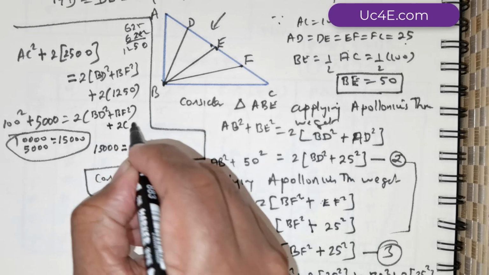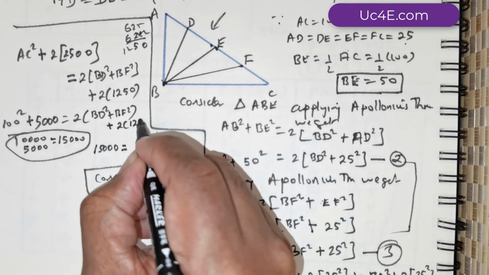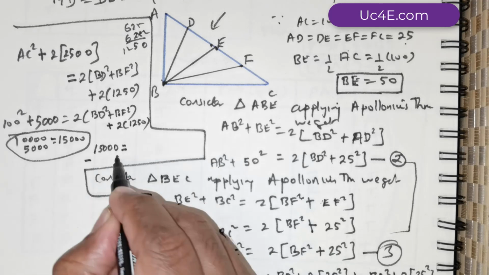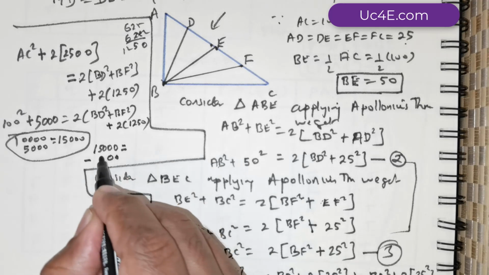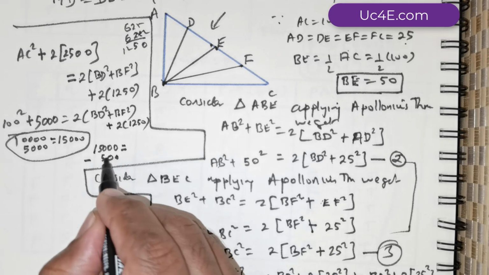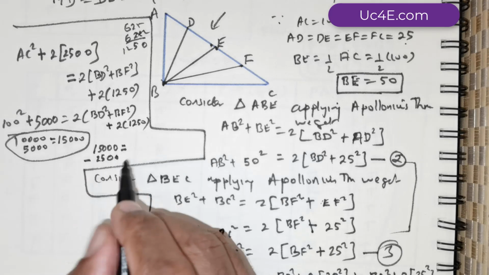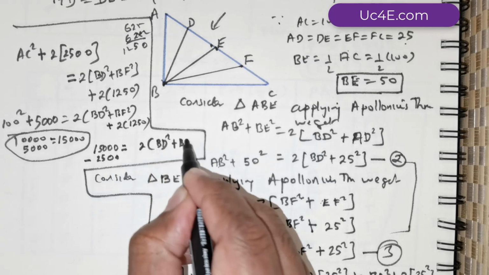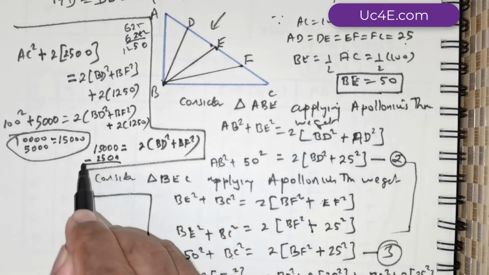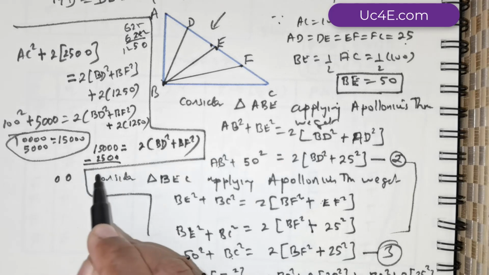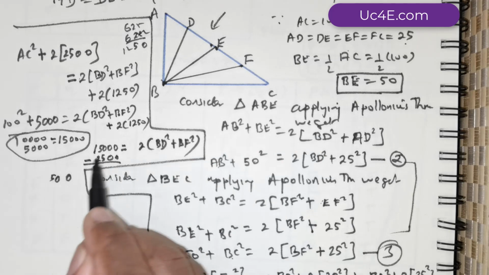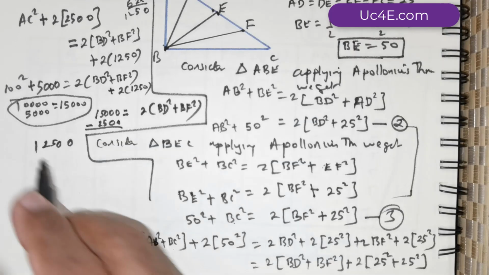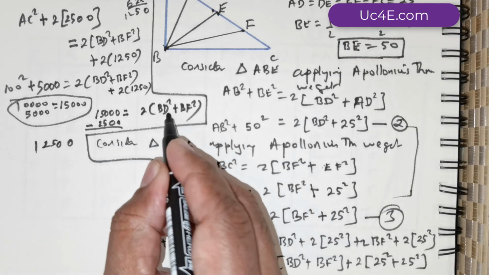Before I push it, let me retain it like that: 2 times 1250. If I were to push it, this is going to be minus 2500 on 2 times BD squared plus BF squared. So if you subtract this, you get 12500, which is equal to 2 times BD squared plus BF squared.